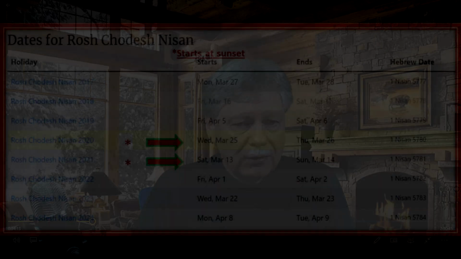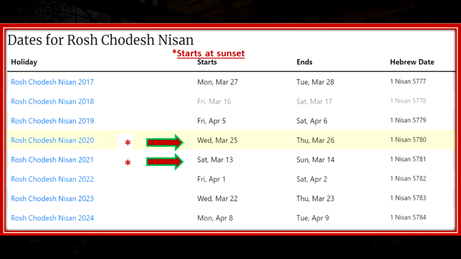We're going to be using the dates for Nisan the 1st that the Jewish calendar, the Hillel Jewish calendar, used for the years of 2020 and 2021. And according to the Jewish calendar information that we now see on the screen, we find that the Jews set their first day of Nisan in 2020 to be March 26th, and their first day of Nisan in 2021 to occur on March 14th.